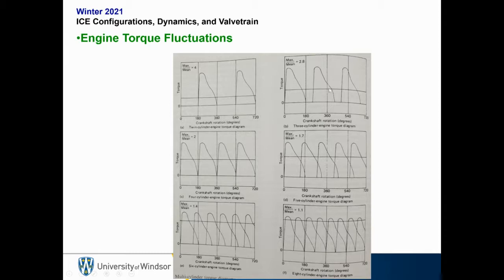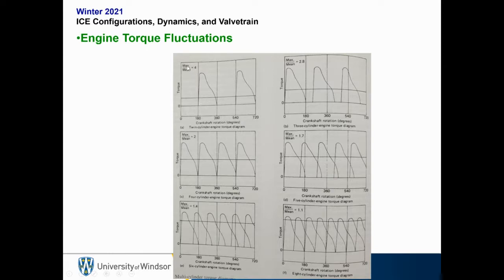As we add cylinders, going to 3, 4, 5, 6, and 8, by the time we get to 8, the torque is not as different compared to the mean torque value.